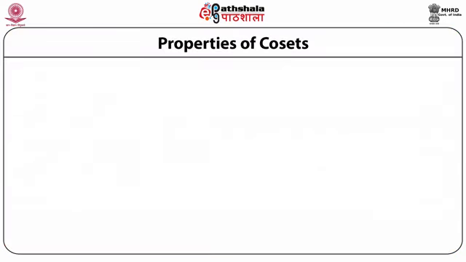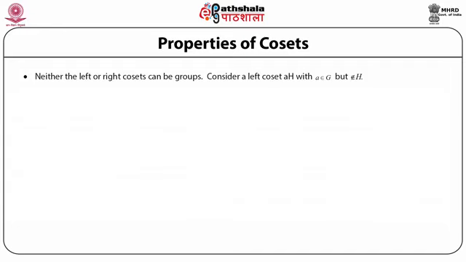Having defined the left and right cosets in the earlier slide, I would now like to discuss some properties of the cosets. The first property is that neither the left nor the right coset can be a group.